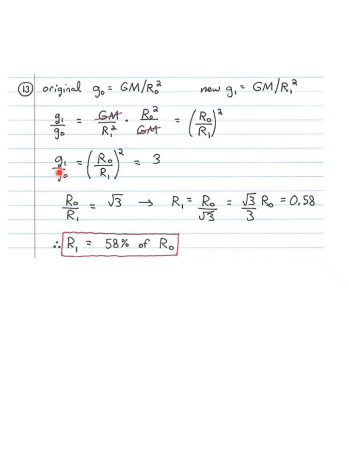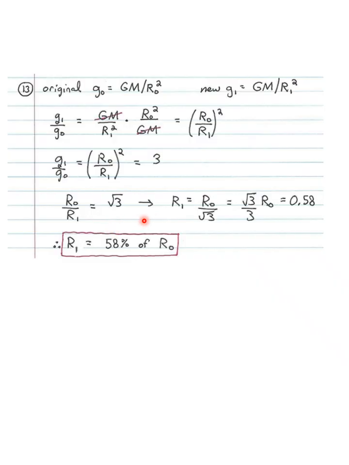And we want to solve ultimately for what is r1 as a factor multiplied by r0. Let's take the square root of both sides of the equation. We get r0 over r1 is the square root of 3. Go through the algebra and solve for r1.